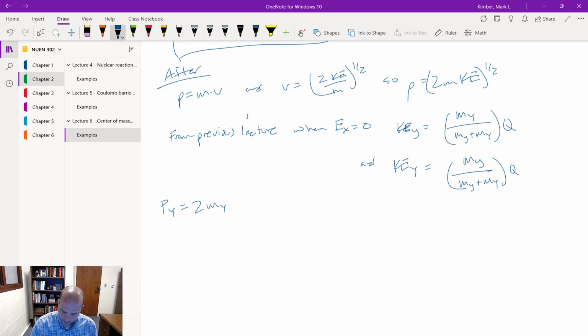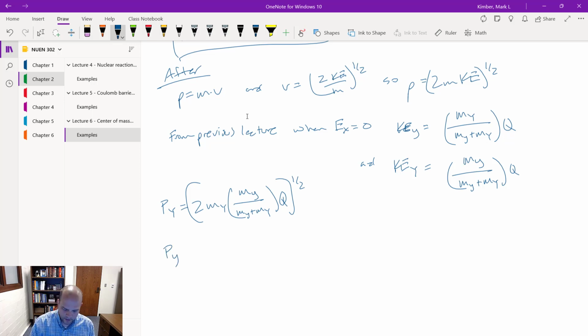So that'll be equal to the square root of 2 times m_y times m_y over m_Y plus m_y, times Q. That's my expression for the momentum of the large particle.